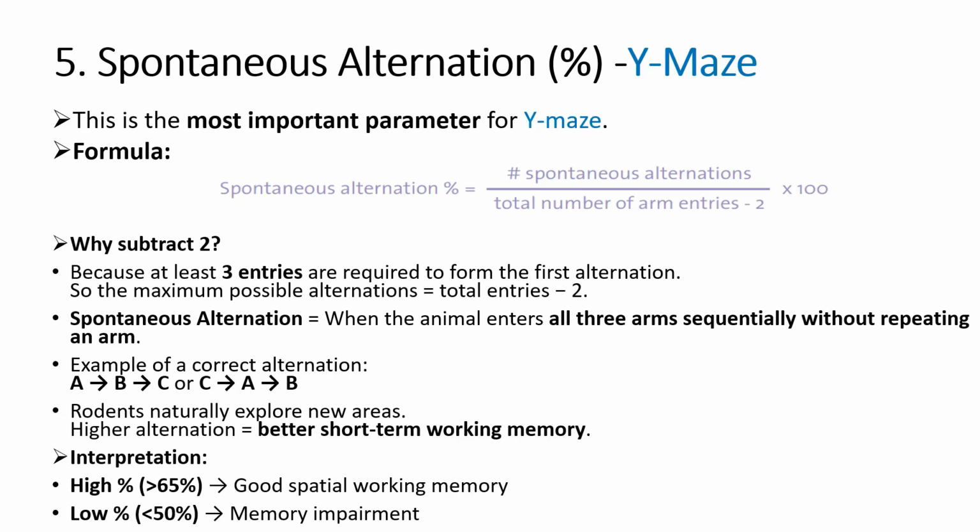Next, spontaneous alternation percentage, Y maze. Generally this parameter is very important for the Y maze. Formula: spontaneous alternation percentage equals spontaneous alternations, meaning the alternations the animal has done, which you have to record, divided by the total number of arm entries minus 2, into 100.